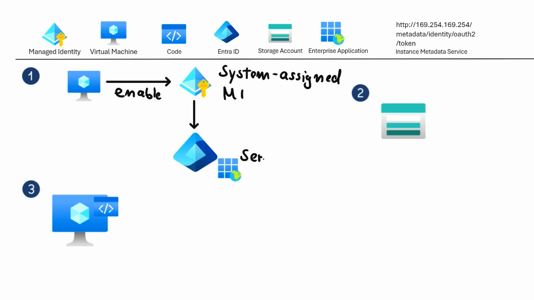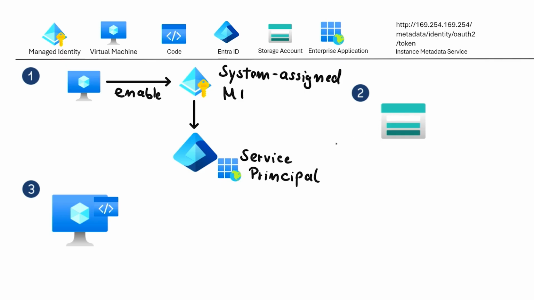This is now part of that Entra ID tenant, and this principal can then be used to provide permissions to other resources. So I can go ahead and configure my storage account or any other Azure resource using role-based access control to grant access for this service principal to the storage account.